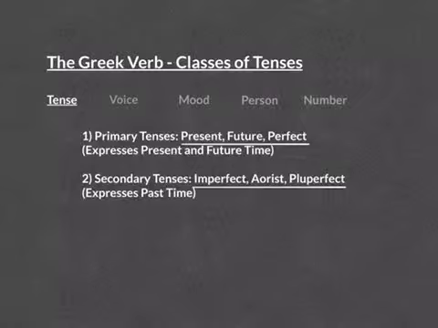It does? Okay, good. But does it say that present, future, and perfect are part of the primary? Yes. And does it say imperfect, aorist, and pluperfect are part of secondary? Yep, okay, good. I wasn't 100% sure. I should double check on that. But yes, I didn't really like the order of how they did that in the book, so I'm doing it a little differently. So just understand that there's 2 classes.